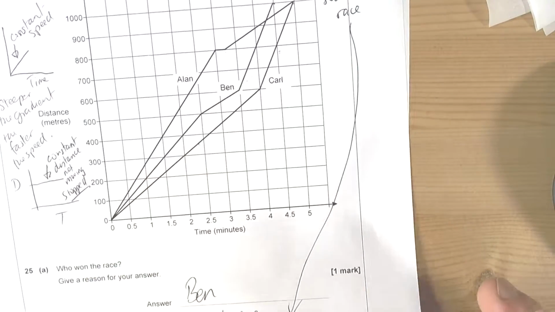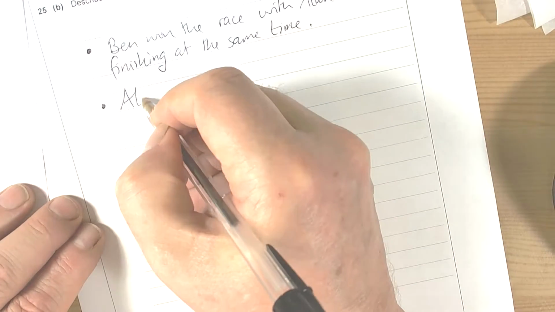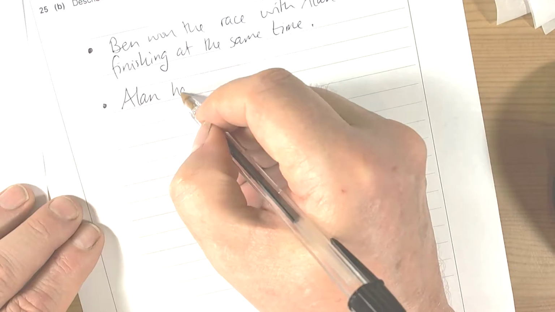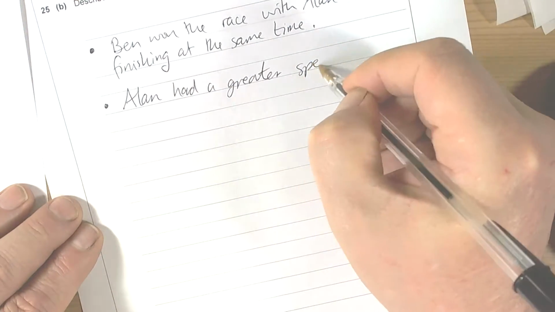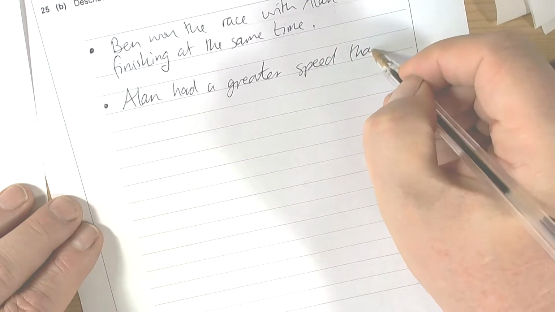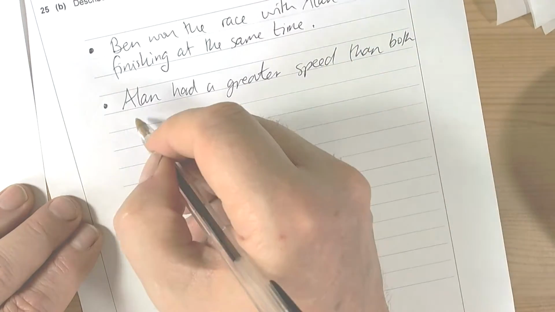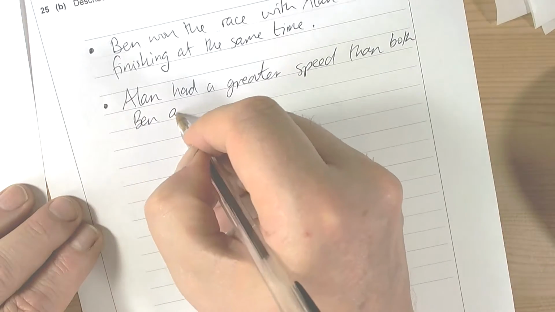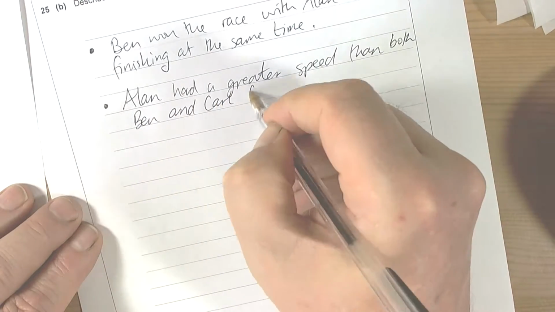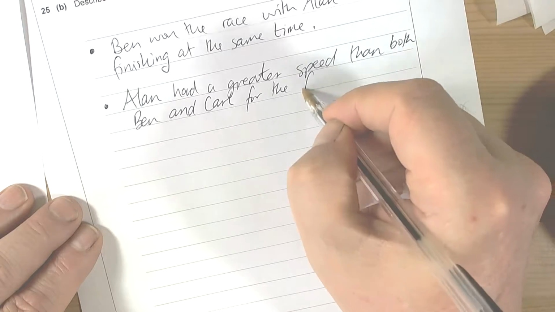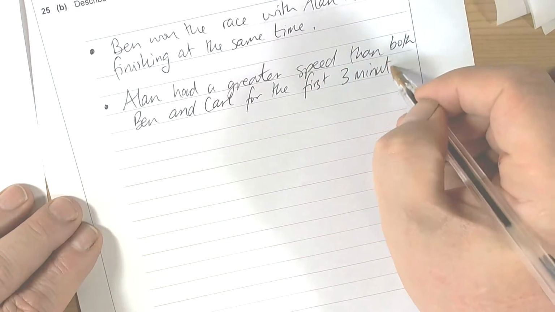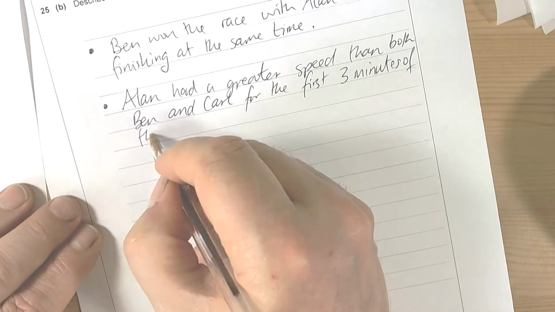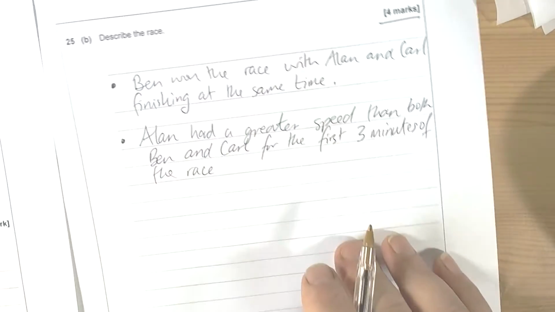So again, we can talk about that because we have a steeper gradient. So we can say that Alan had a greater speed than both Ben and Carl for the first 3 minutes of the race. So that will give me the second mark.